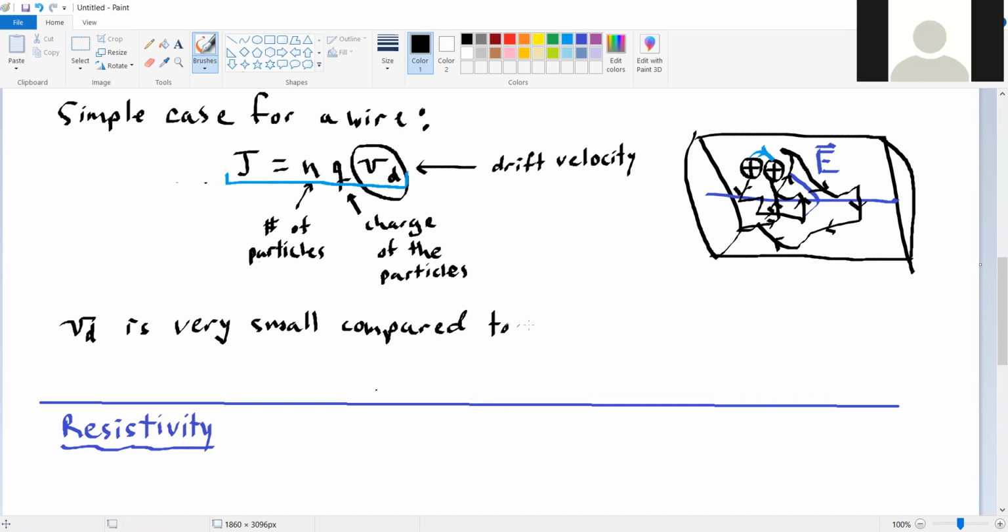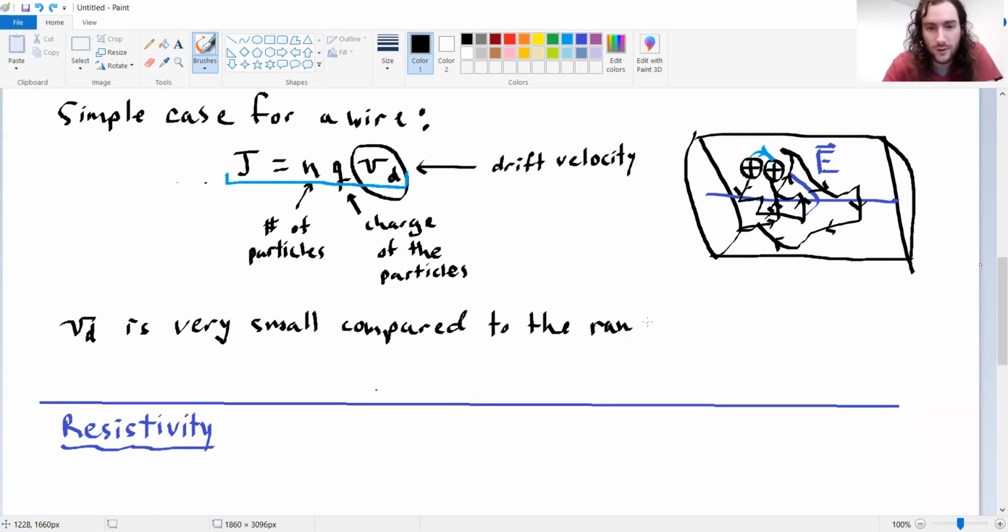Professor, why is VD very small if electrons move very quickly? Because the speed that the electrons are moving around the atoms is far bigger than the drift velocity because of the frictional component.